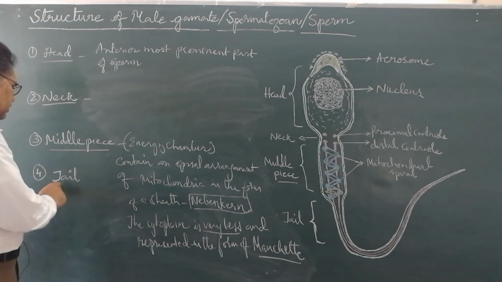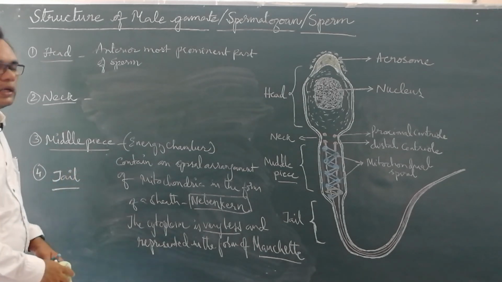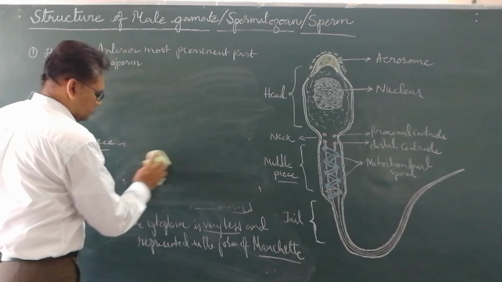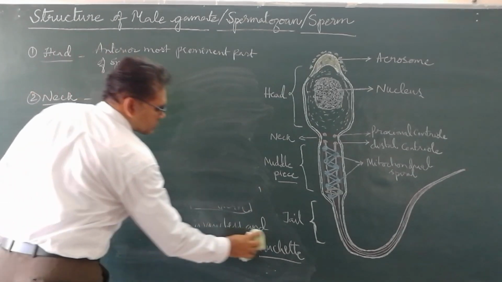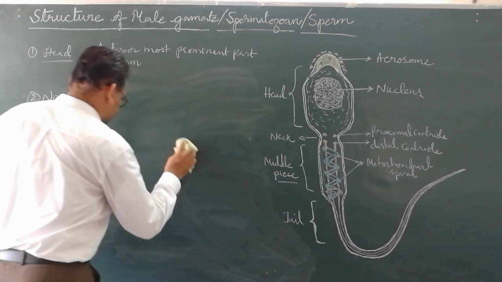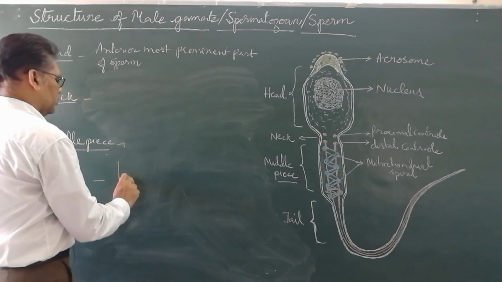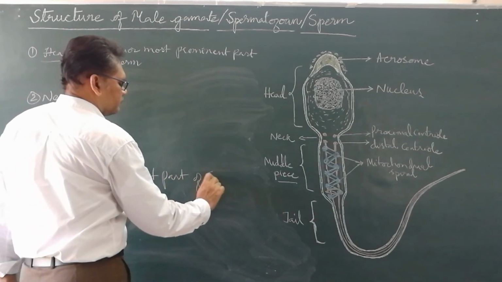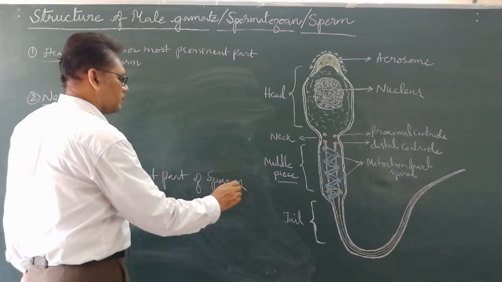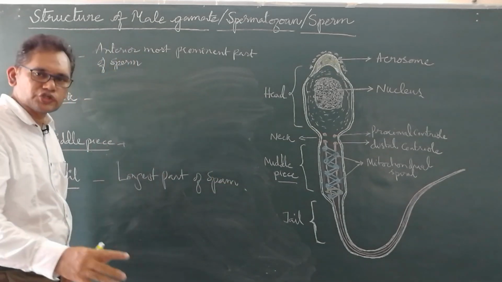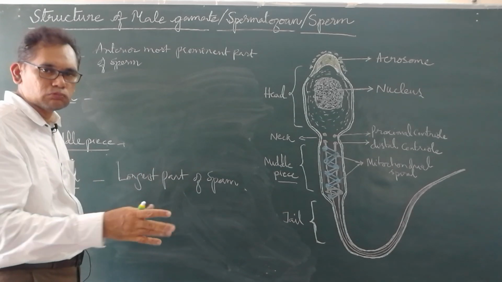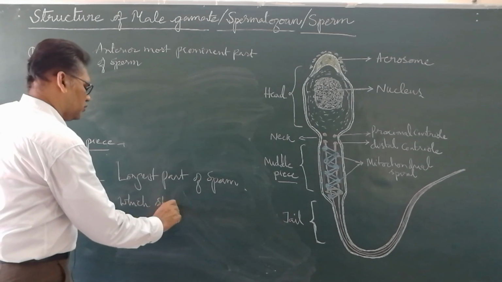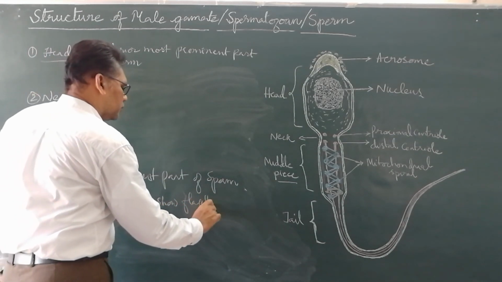Then about the tail. What is this tail? The tail is the longest part of the sperm, and it shows flagellar movement.